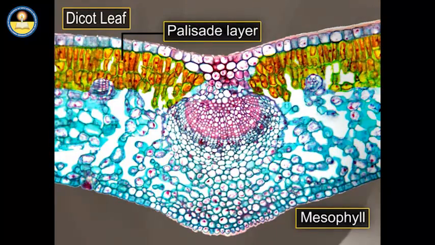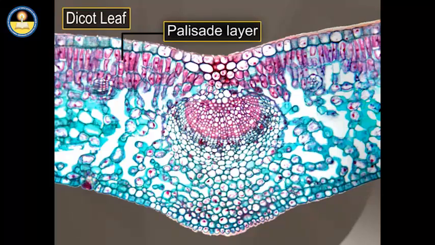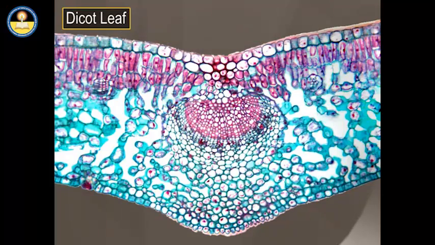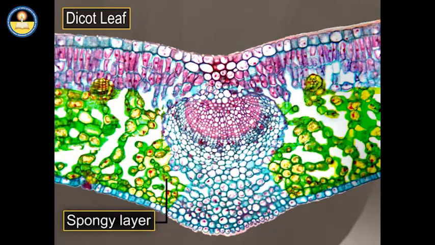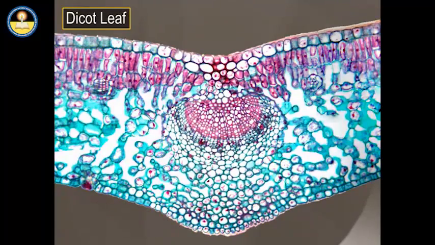Palisade cells are more column-like and lie just under the epidermis. The spongy cells are more loosely packed and lie between the palisade layer and the lower epidermis. The air spaces between the spongy cells allow for gas exchange.